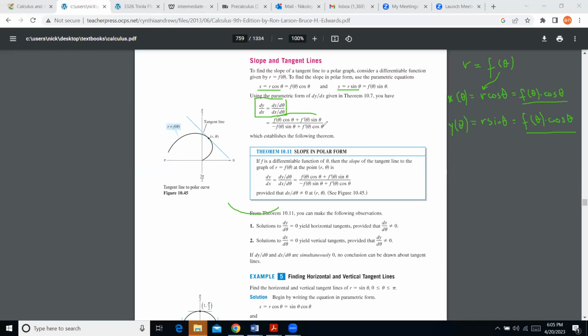And this composes the derivative of the function that is given in those parametric equations with respect to parameter theta, for x and for y.